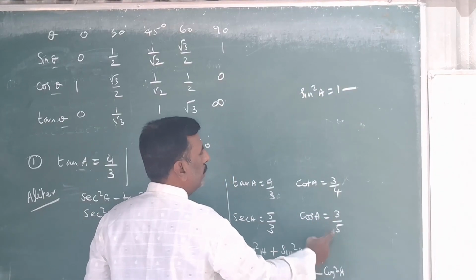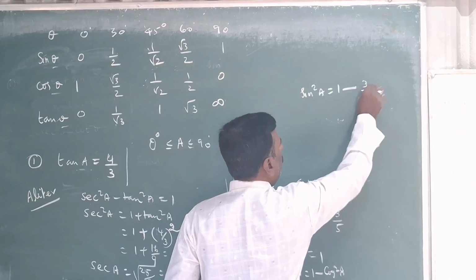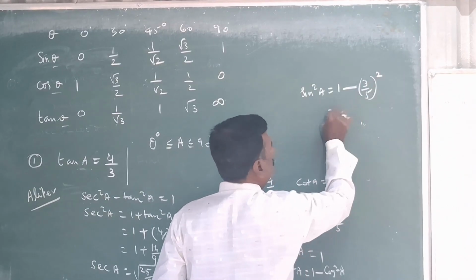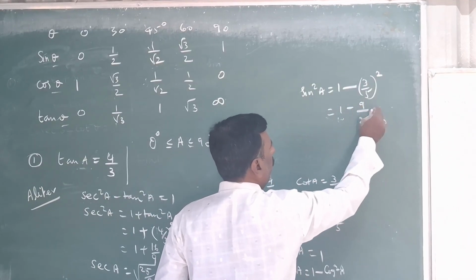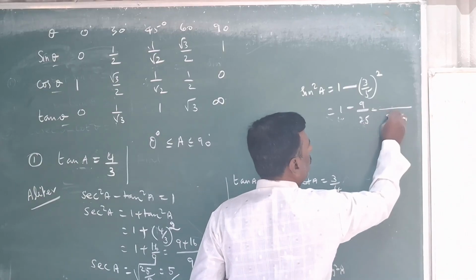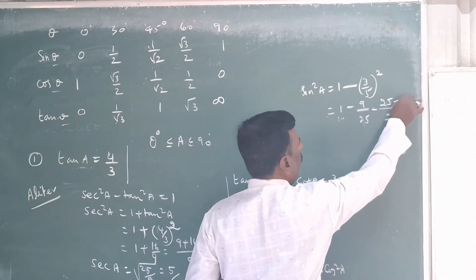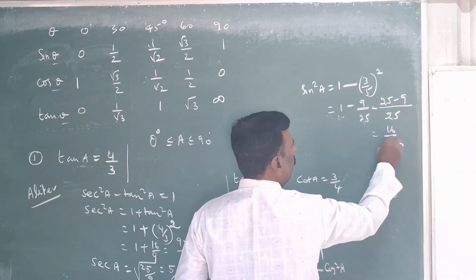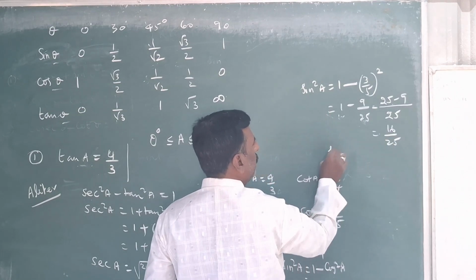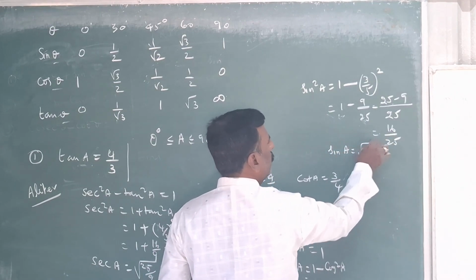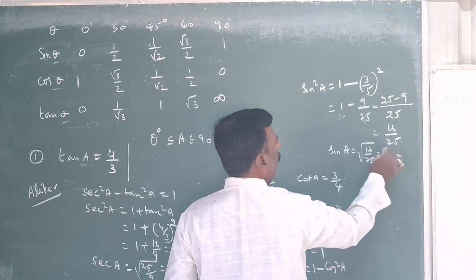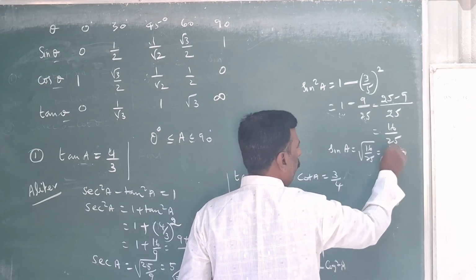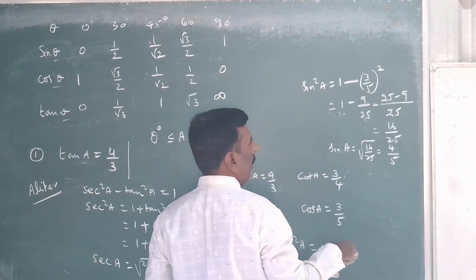The value of cos A is 3 by 5, so it becomes 1 minus 3 by 5 whole squared, which is equal to 1 minus 9 by 25. Taking the LCM 25, we get 25 minus 9, which is equal to 16 by 25. I want sin A only. Taking the square root of 16 by 25, we get the positive value only, 4 by 5, because it is in the first quadrant.